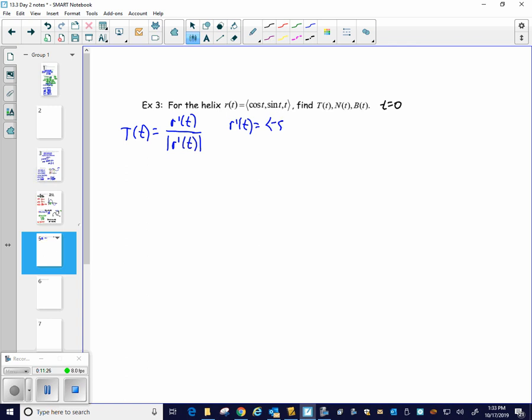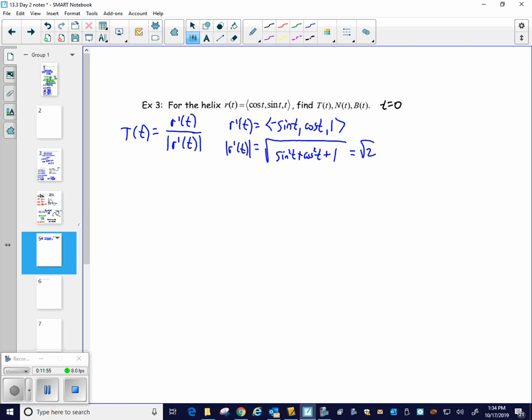That'll be negative sine t, cosine t, 1. We're going to need the magnitude of that, which will be the square root of sine squared t plus cosine squared t plus 1 squared, which is 1. Sine squared plus cosine squared is 1, so all of that is root 2.